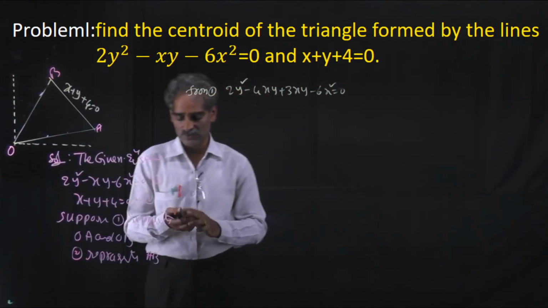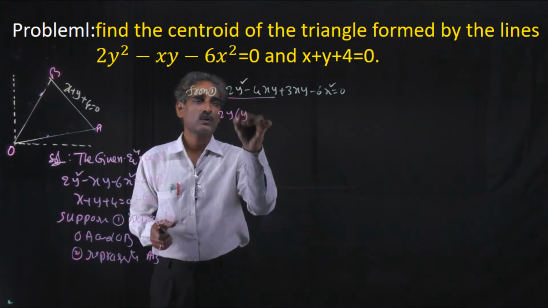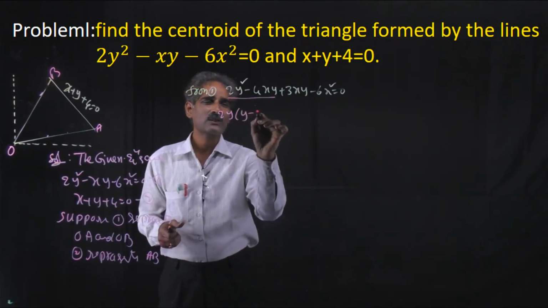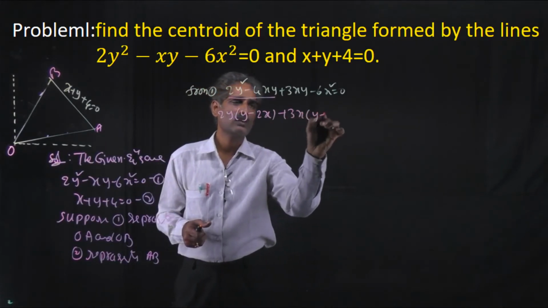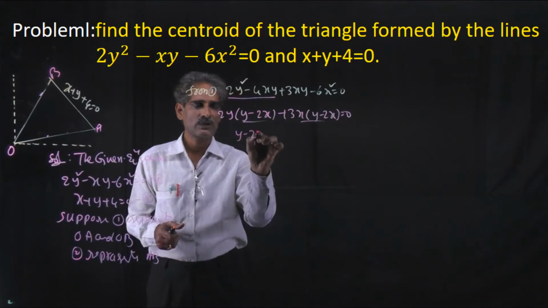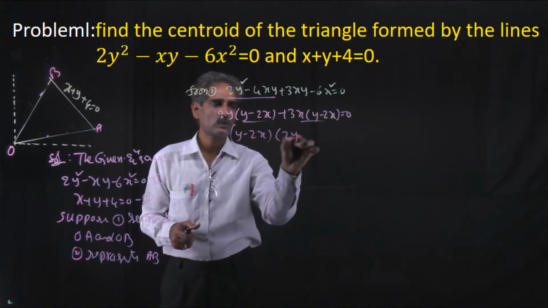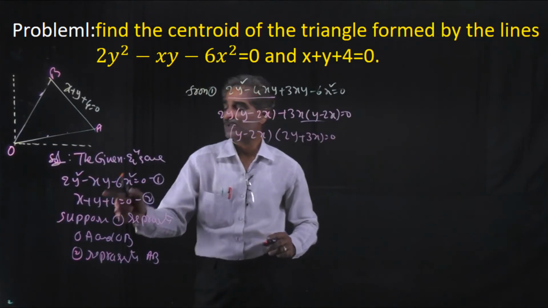So here we can write 2y(y − 2x) + 3x(y − 2x). From this we can write (y − 2x)(2y + 3x). These are the separate equations of 1.